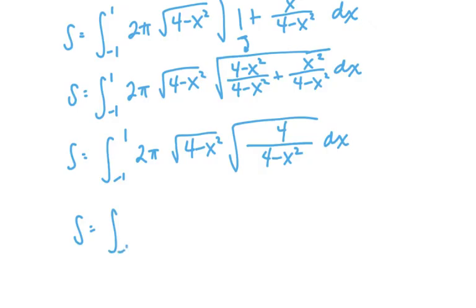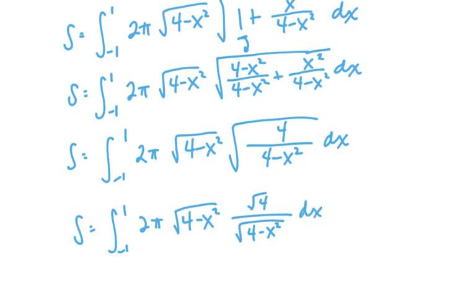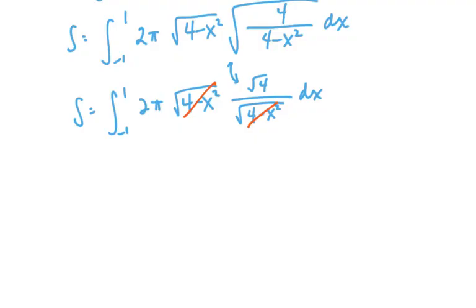Let's write it in a way that you'll see it. So we have 2 pi, the square root of 4 minus x squared. Now that we have the common denominator and there's only one fraction, we can split the square roots into 2 parts, because it is true that you can go from one of these to the other. Now these cancel. Do you see that happening correctly at this time?